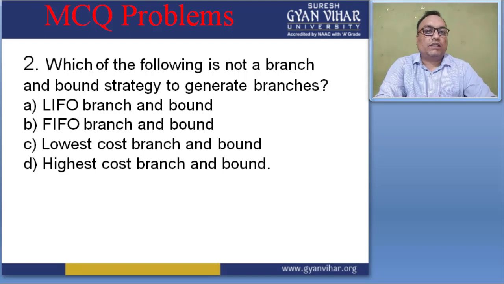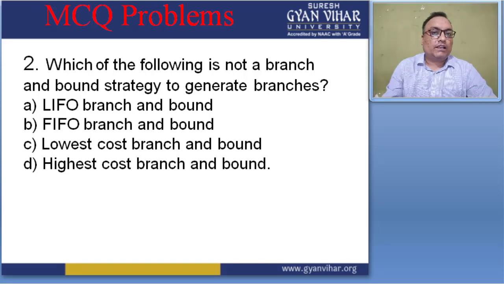Think about this question, four options are given. So the correct answer of this problem is highest cost branch and bound. So D is the correct answer for this problem.